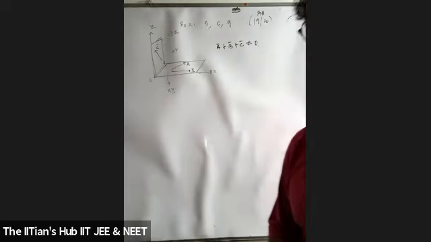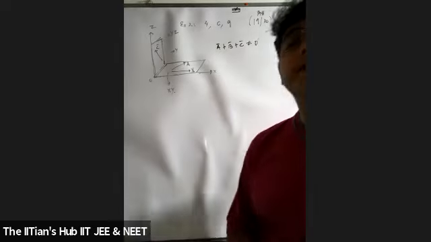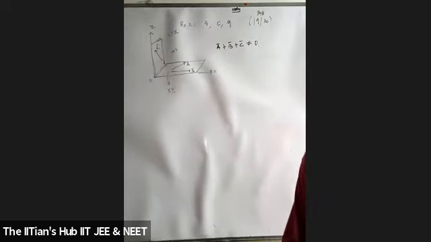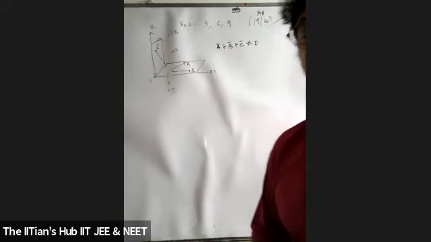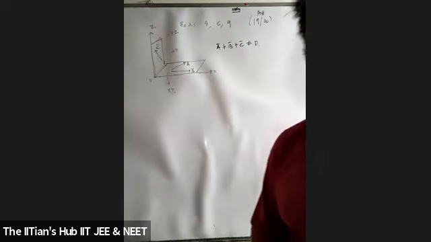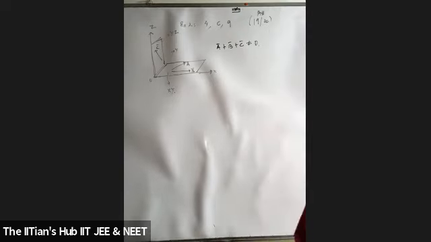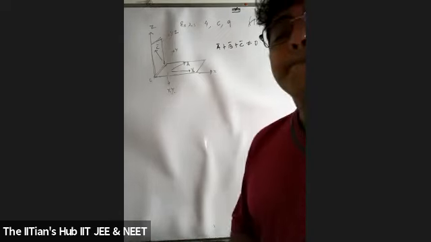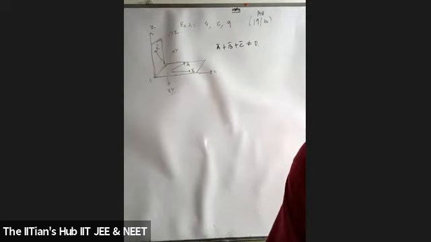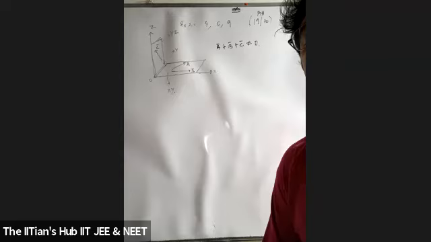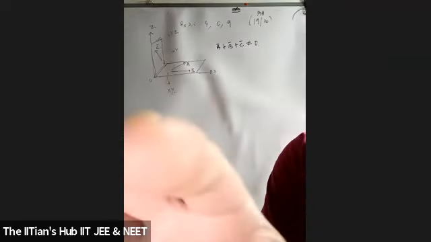The sum of three vectors is not equal to 0. What's the reason behind it? Yes, Veer, can you answer?